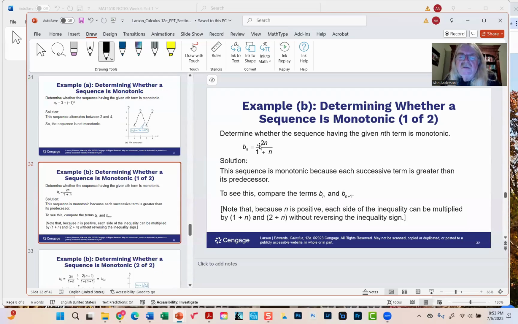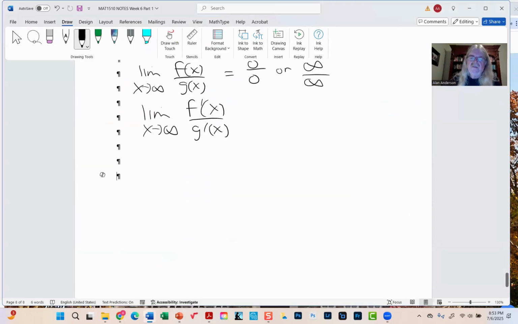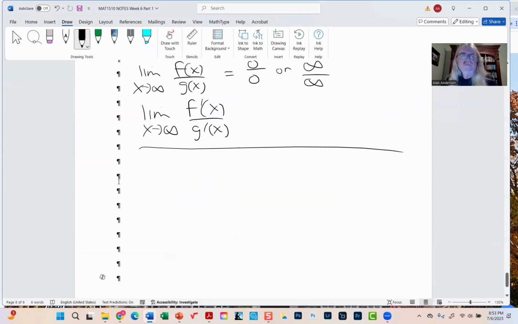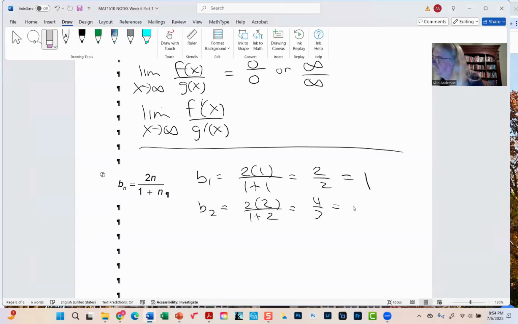What about this one? Well, if you take a look at it, the first thing you could do is just substitute some numbers and look at them. Fourth order, that's enough.